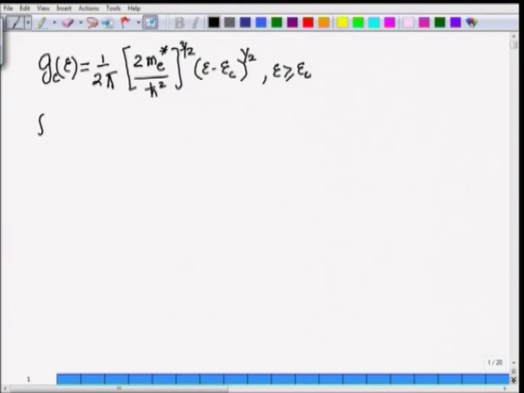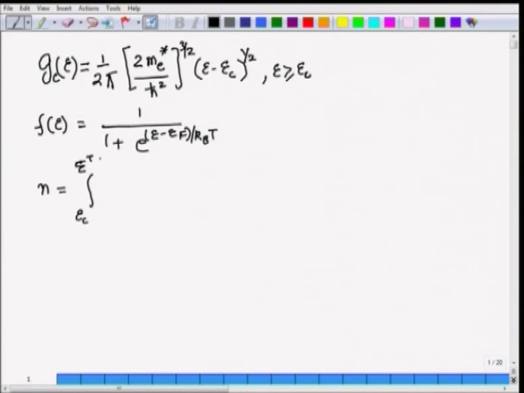And the Fermi Dirac function, the probability of finding an electron at energy E, was 1 over 1 plus e to the power E minus E f over kT, where E f is the Fermi level. Then n is equal to the integral from E c to E c top of f of E times g of C E d E.